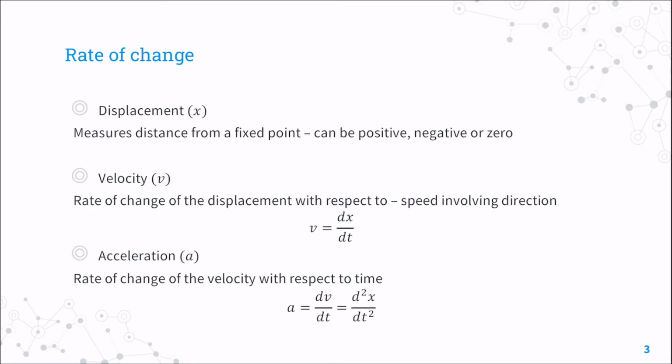Now the most commonly used when we are doing this is displacement, velocity, and acceleration. Displacement measures distance from a fixed point, and it can be positive, negative, or zero. The difference between displacement and distance is, let's say for example, you walk 50 meters and you walk back 30 meters.